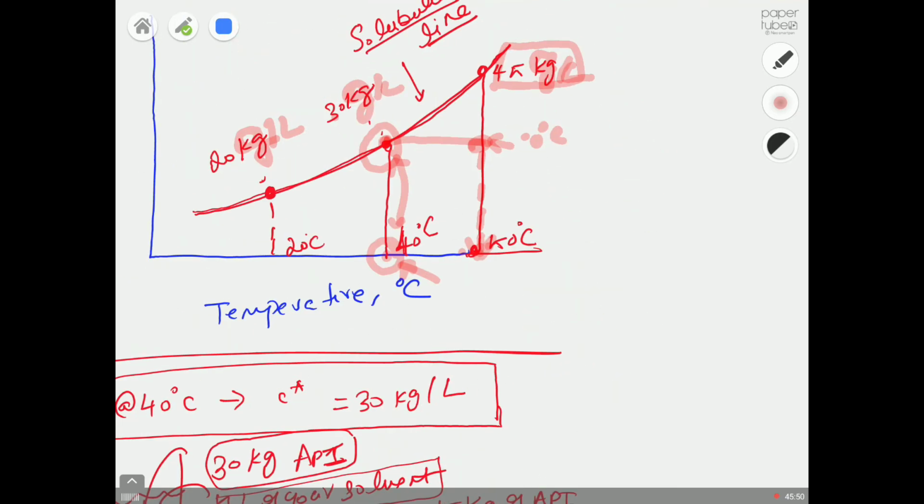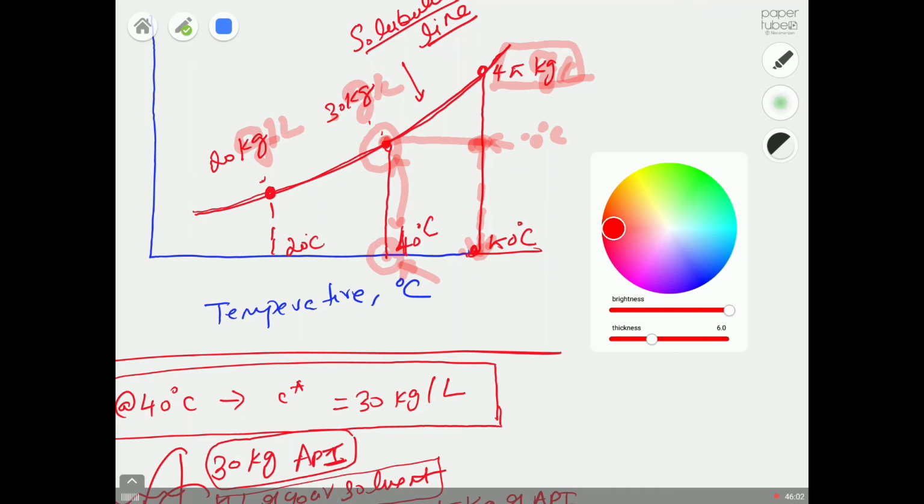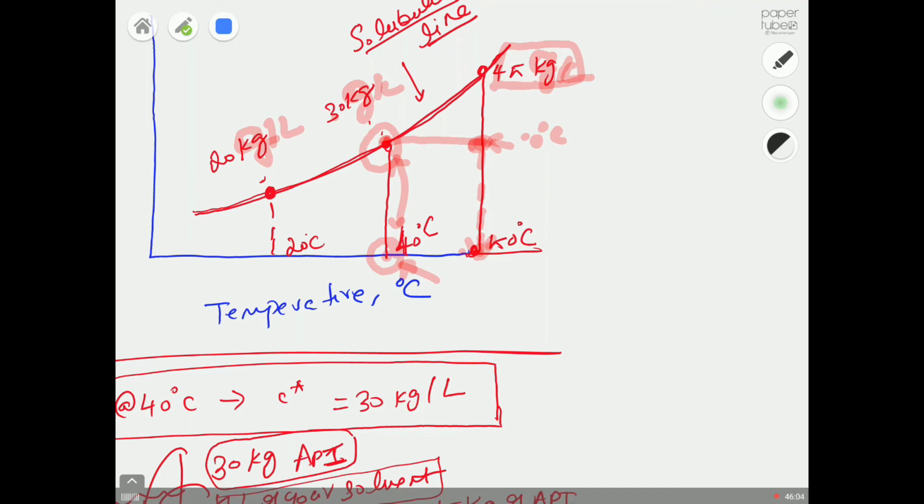So let's go back to this graph. What we do is go to 50 degrees centigrade, which means we already dissolved everything, just to ensure everything is completely dissolved, and then we cool the solution back. We will cool it slowly. Say we come up to 20 degrees centigrade until this point.